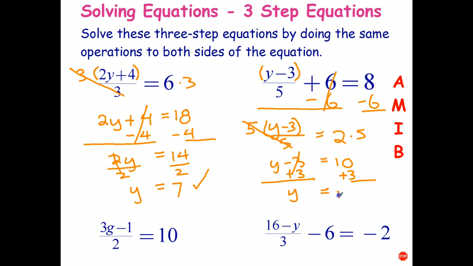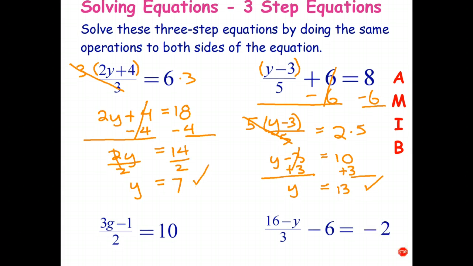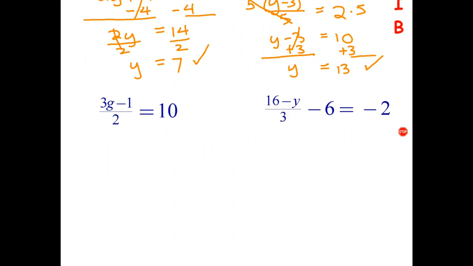And y equals 13. Okay, quick check. 13 minus 3 is 10. 10 divided by 5 is 2. 2 plus 6 is 8. So that's correct. Okay, so now it's your turn. Go ahead and solve these two equations, please, and then restart the video and check your answers.